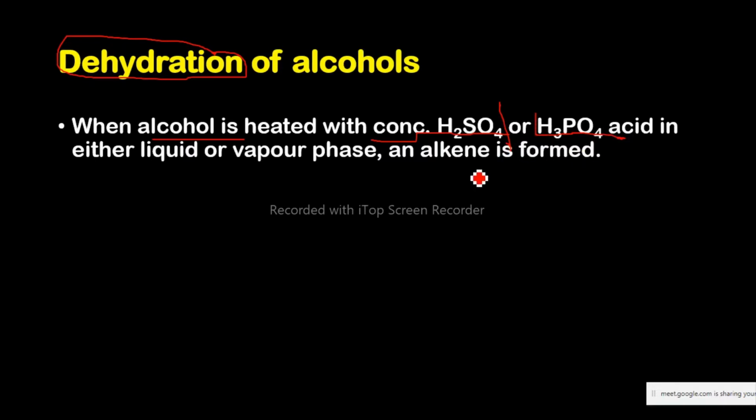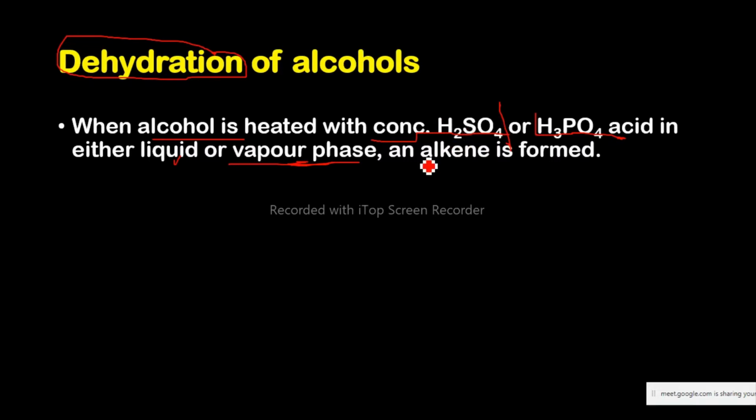Now the alcohol must either be in liquid form or vapor phase, but usually the vapor phase is preferred. But for this one, it can react when it is in liquid form or in vapor phase. For phosphoric acid, it doesn't mind. You form an alkene. But for sulfuric acid, my dear, here you must be specific.